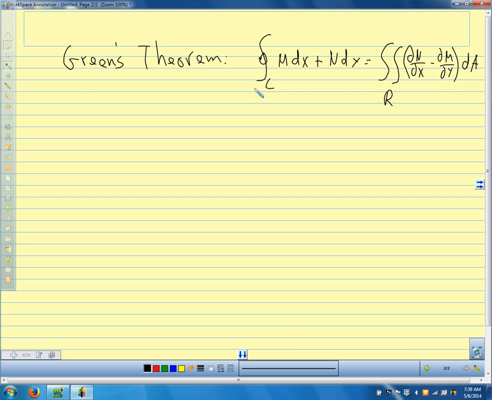After we talked about Green's theorem, we went through a process and found the line integral of the normal component, the outward component of f, around this closed curve. So this is Green's theorem for the line integral of the outward normal component of f.